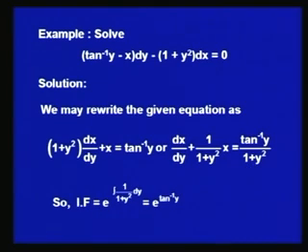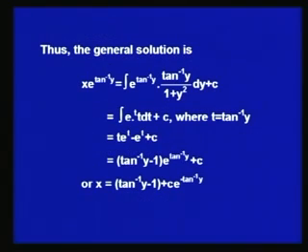So, the integrating factor is equal to e to the power integral of 1 over 1 plus y square dy, which is equal to e to the power tan inverse y, and hence the general solution is x into e to the power tan inverse y equal to integral of e to the power tan inverse y into tan inverse y over 1 plus y square dy plus c.